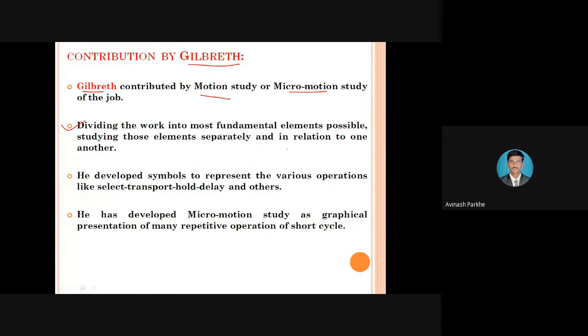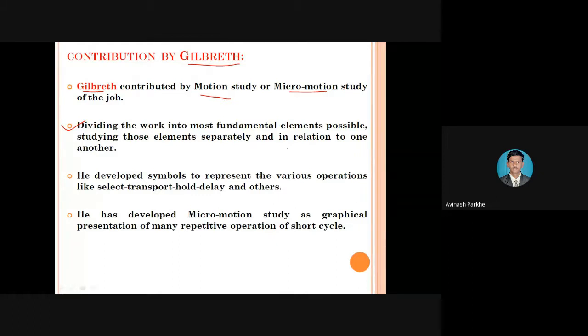Say 10 operations we have to perform. So what we have to do? We have to divide the work into those 10 operations, and analysis of each and every operation we have to carry out separately. That means for operation number 1, how much time is required to perform it, and how much time is required to perform operation number 2.